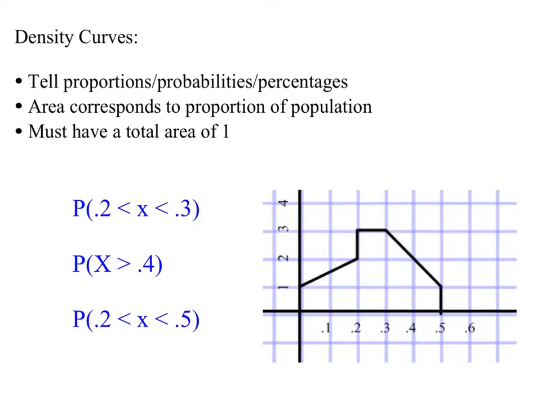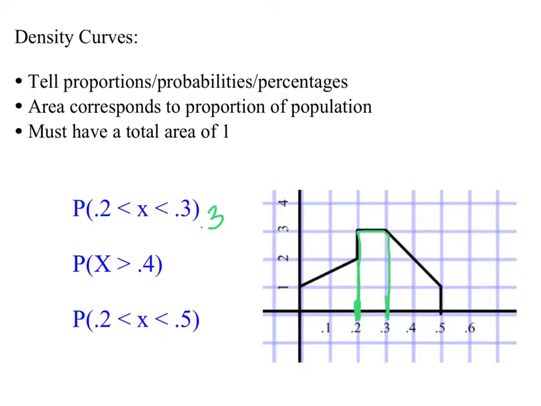So my first question is, what proportion, if I picked someone from this curve at random, what are the chances they lay between 0.2 and 0.3? Okay, so let's just go over here. Here's 0.2, here's 0.3. So you can see, using area, that's 0.3.